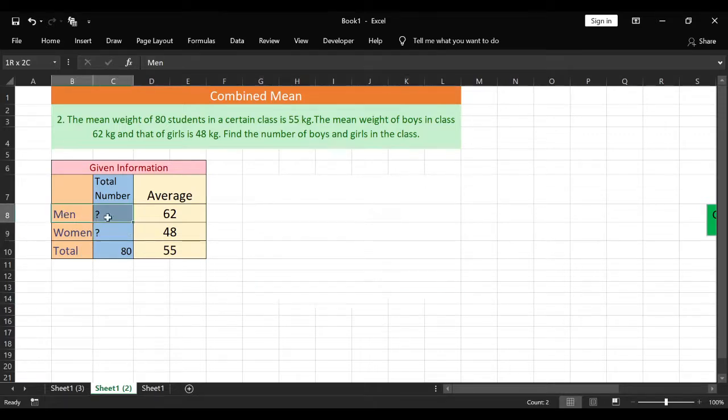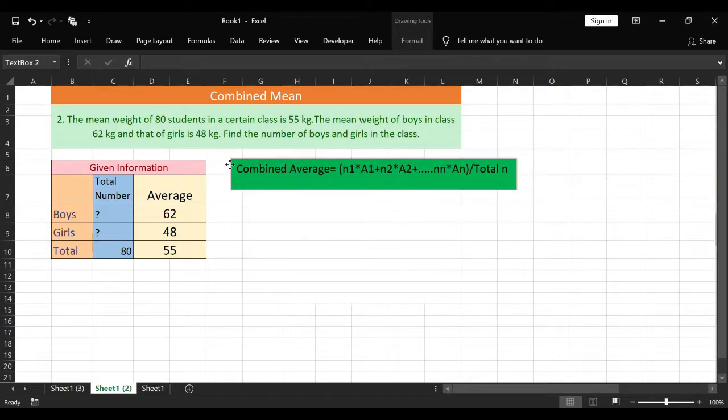Again, observe that they have given two sets of information, boys and girls, so we cannot add the numbers. We have to solve the problem using the combined mean formula, which is n1 into a1 plus n2 into a2, and so on till n into an, divided by total n.